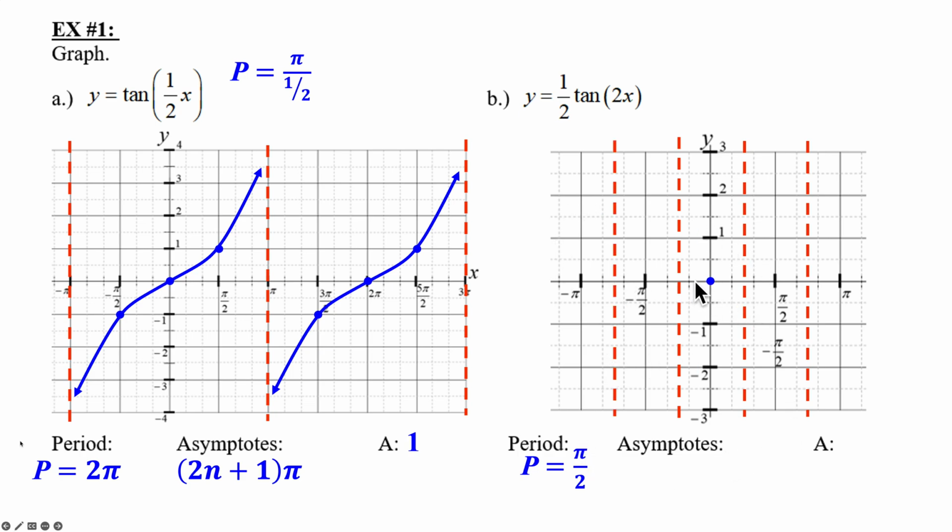So we could draw in some more asymptote lines, and then we'll draw in our sets of points. So now this point, half of the upper half, up to 1, oops, not up to 1, we got to multiply the 1 by a half, so that's going to come down to a half. And half of the bottom left side will go down a half and draw our curve. And then we'll do the same thing in between each set of asymptote lines.